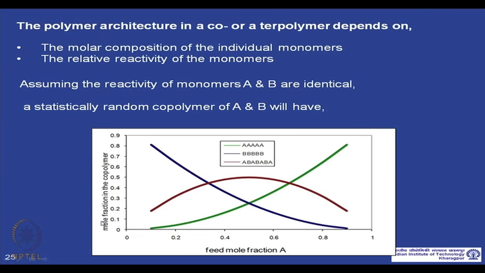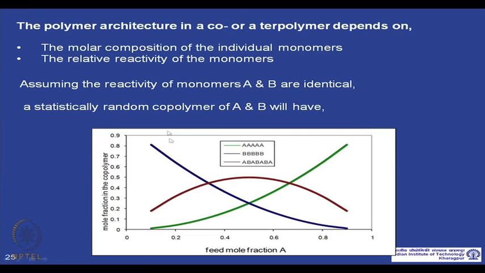So, this chart is a statistical way of presenting the expected mole fraction of the types of linkages in the copolymer against the mole fraction. Like in this case, if we have a 50-50 composition of A and B, so our mole fraction was 0.5, then this AA block would be 25%, the BB block would be 25%, and this alternating AB block will be 50%.